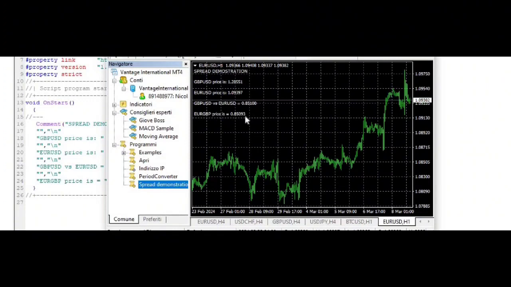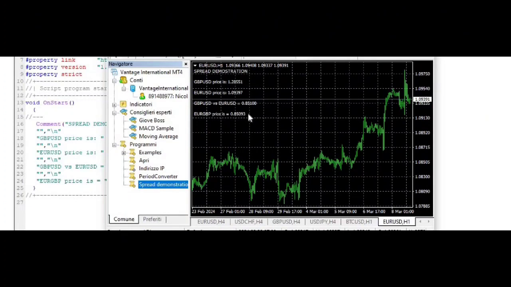The difference is 7 pips, and that's simply because with two assets there is a spread, and because the CFD markets aren't centralized, so every broker makes his own pair.